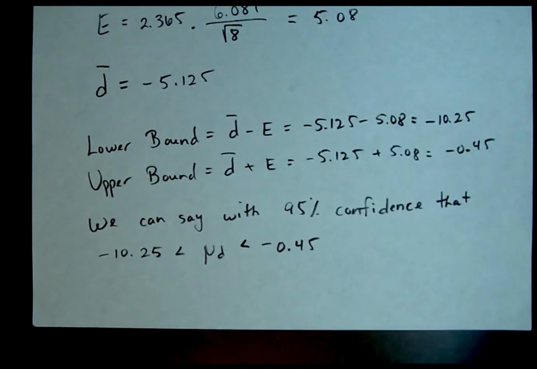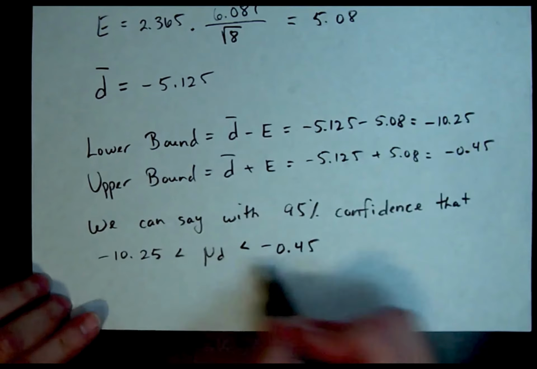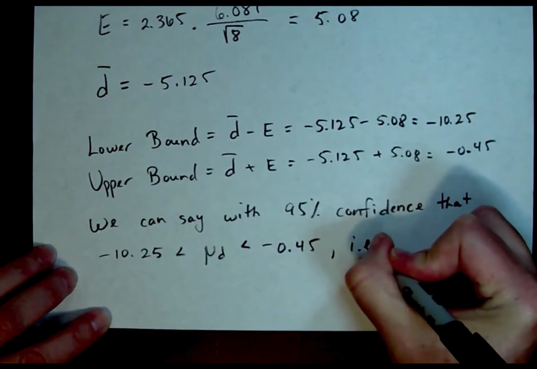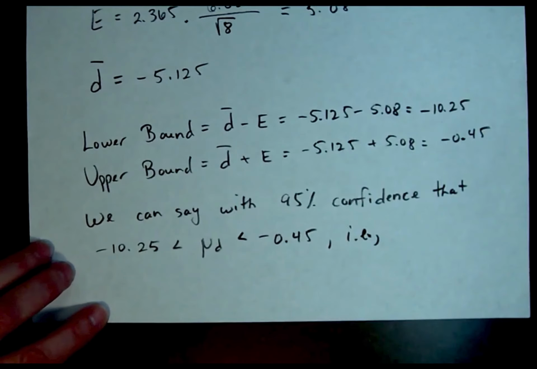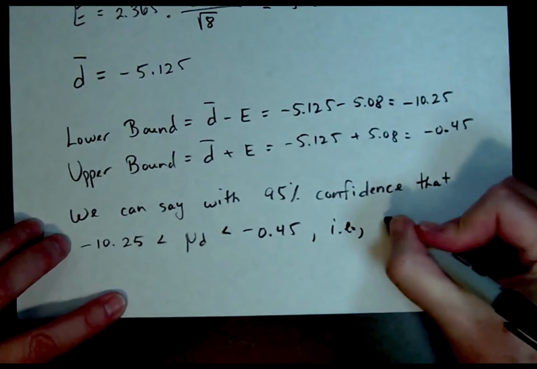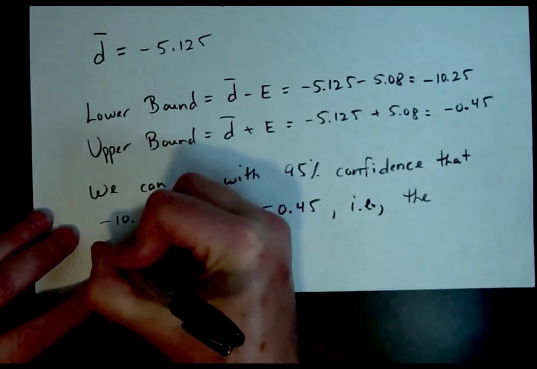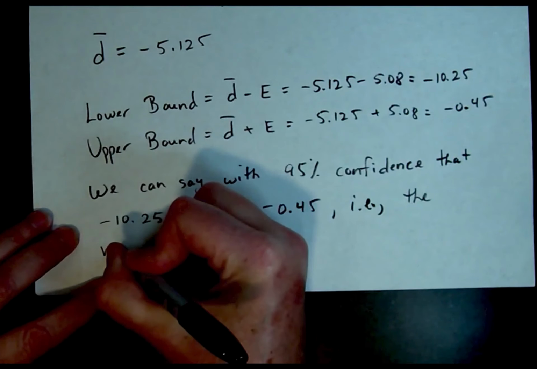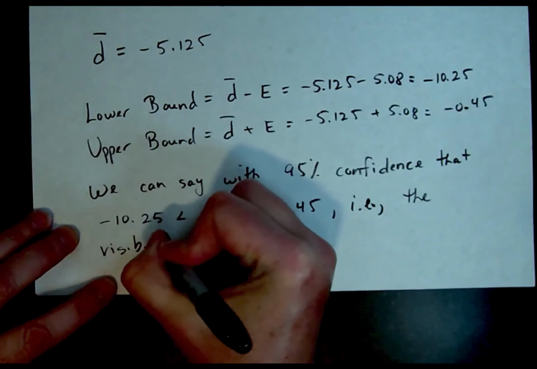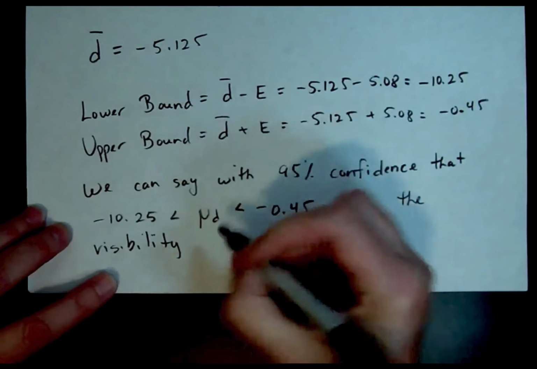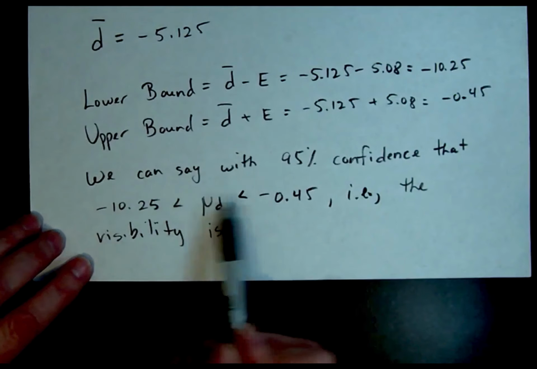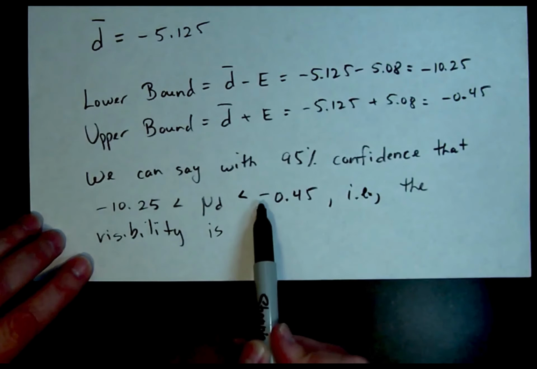Now let's say this in words too, because this isn't terribly illuminating. So i.e., which is that Latin abbreviation for in other words, the visibility is, so remember these negative signs indicated that the later measurement was a deeper visibility.